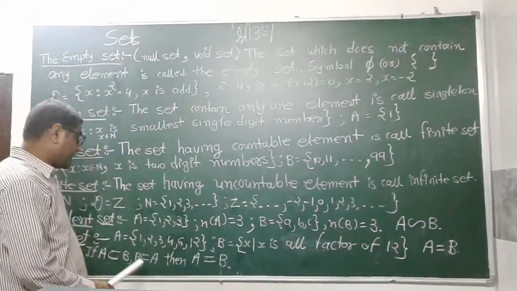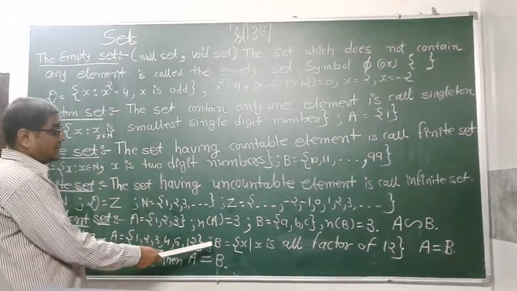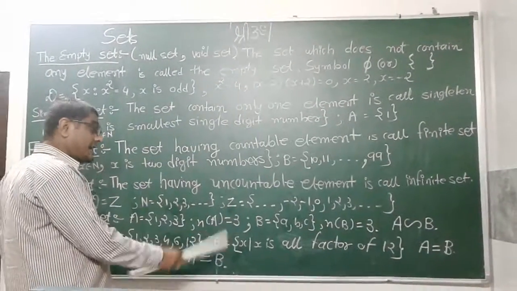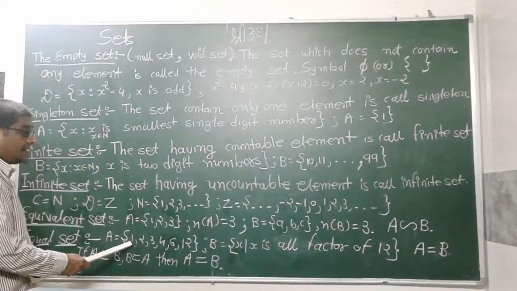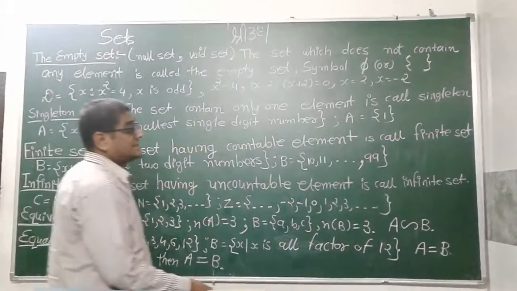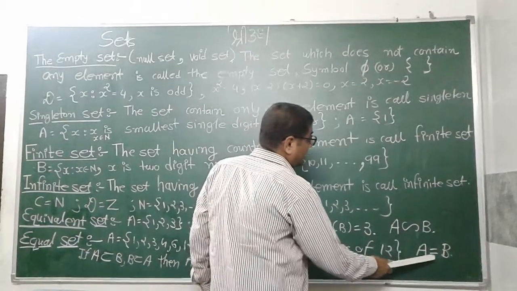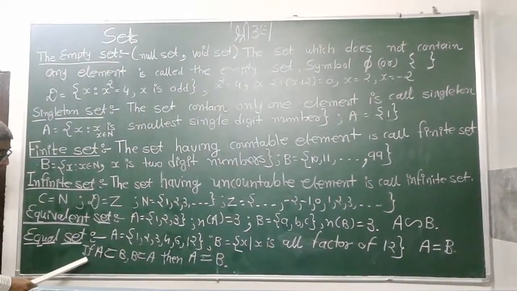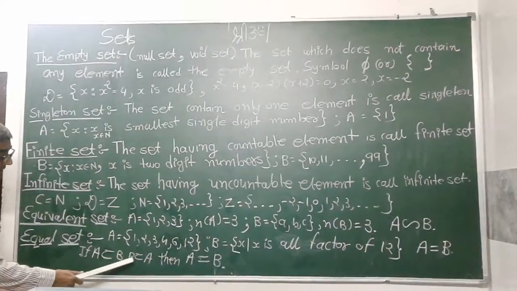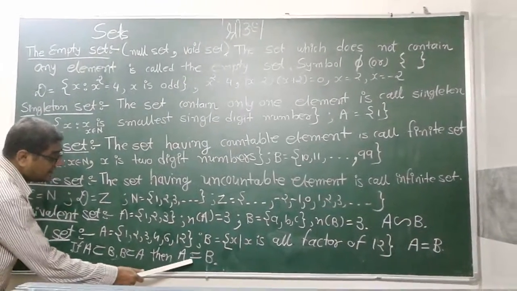The elements of set A are also elements of set B, and the elements of set B are also elements of set A. It is known as equal sets and it is denoted by A = B. So in the subset definition, if A is a subset of B and B is a subset of A, then A is equal to B.